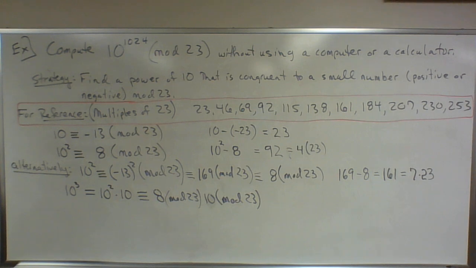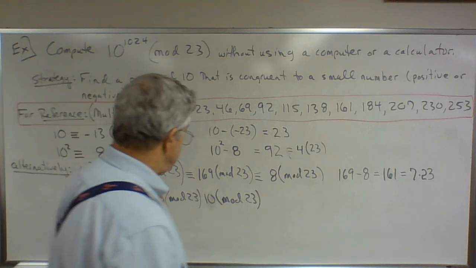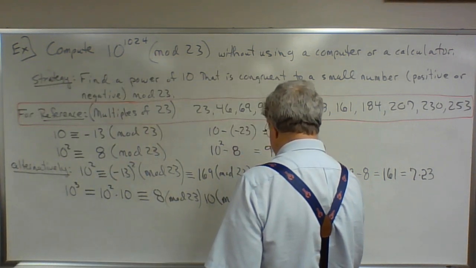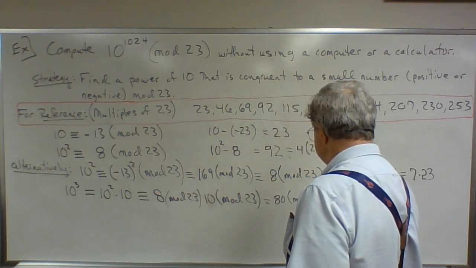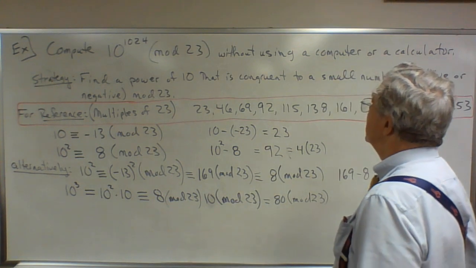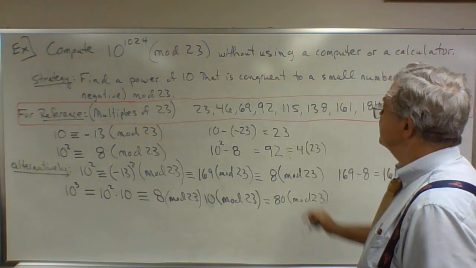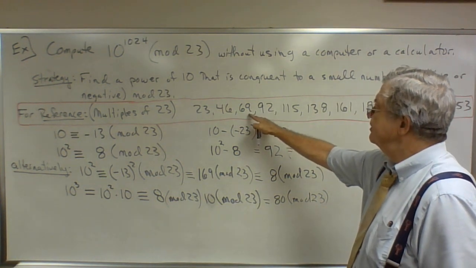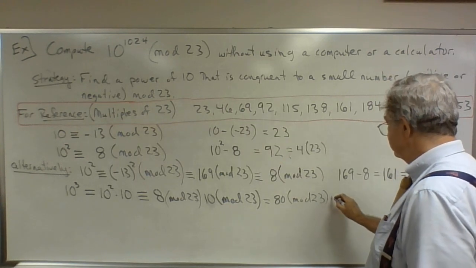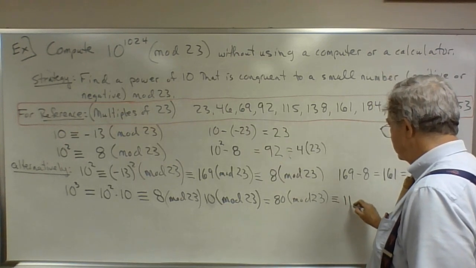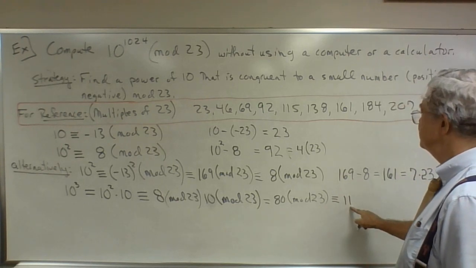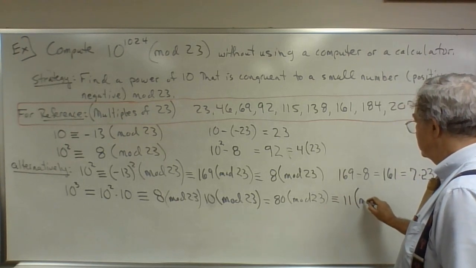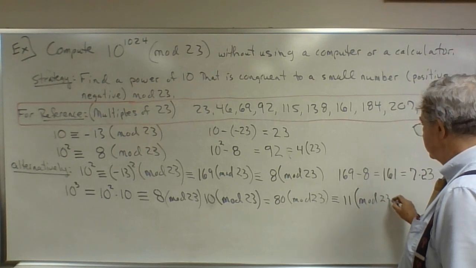And 8 mod 23 times 10 mod 23 is 80 mod 23. And 80 is 11 greater than 69. So 80 is congruent to 11 mod 23.